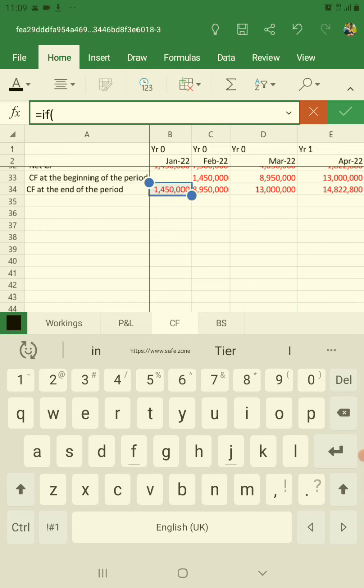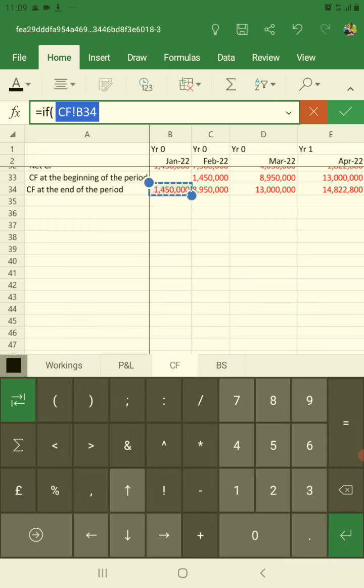If this figure is greater than 0, then in the overdraft put 0.